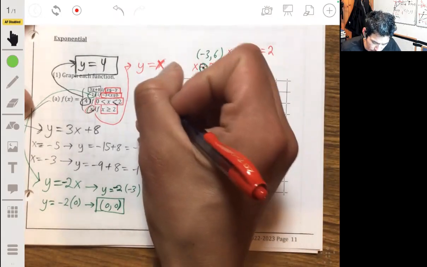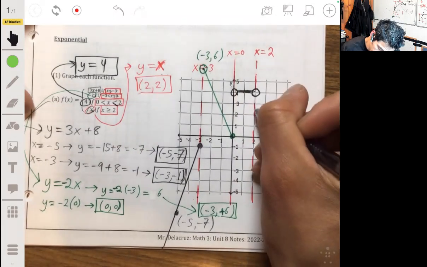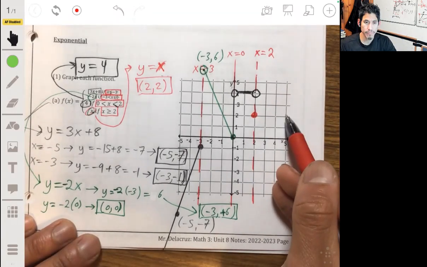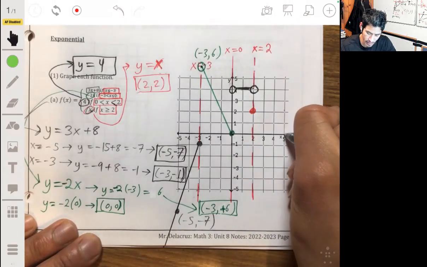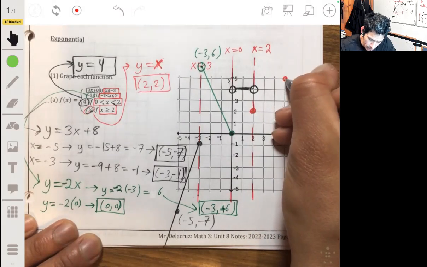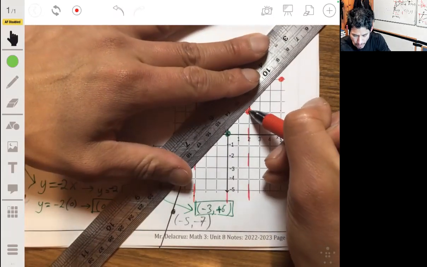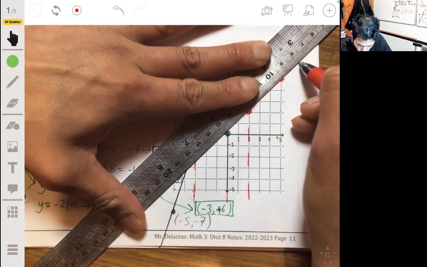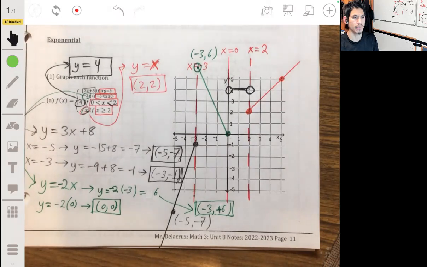That's pretty simple. So we have a point 2, 2, closed circle, like that. And let's just go up to 5. And this is going to be 5, 5. And we just connect them neatly. Whoa. And there we go. There's our graph.